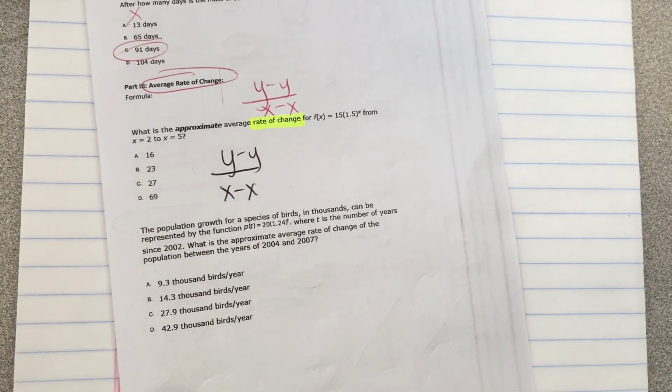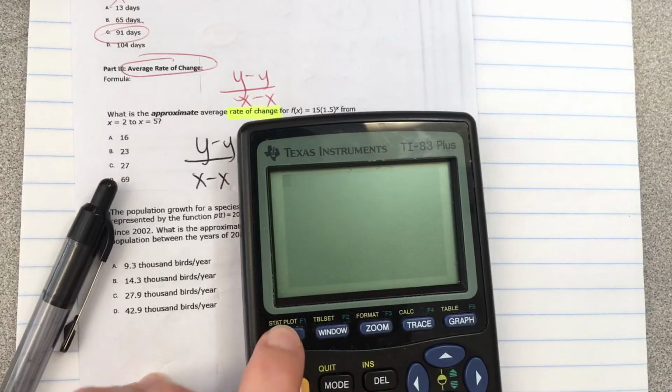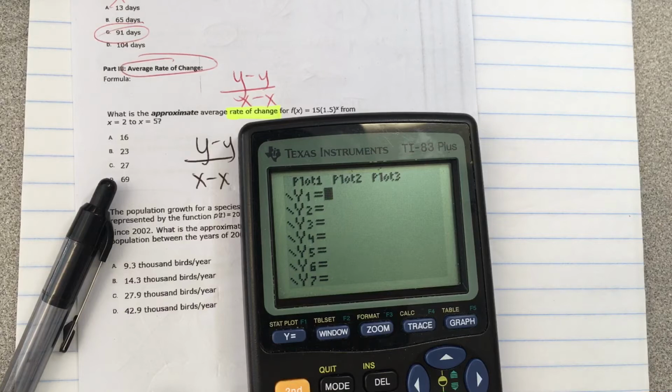Bunch of different ways to do it. I prefer to use my calculator, so I go to my y equals. I go to my y equals in the calculator and press clear. Again, there's multiple ways to do it, but I prefer this way. Then you're going to type in what is the y equals they give you. 15, parentheses, 1.5 to the x.